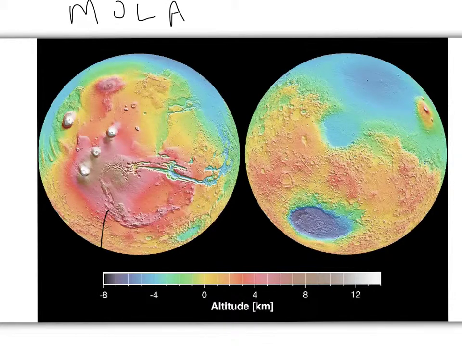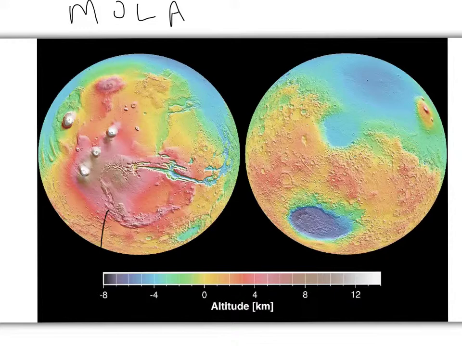This is basically not a plot of any kind of photographic observation of the planet. Clearly, we don't have Technicolor Mars out there. This is a representation of data, of elevation data.